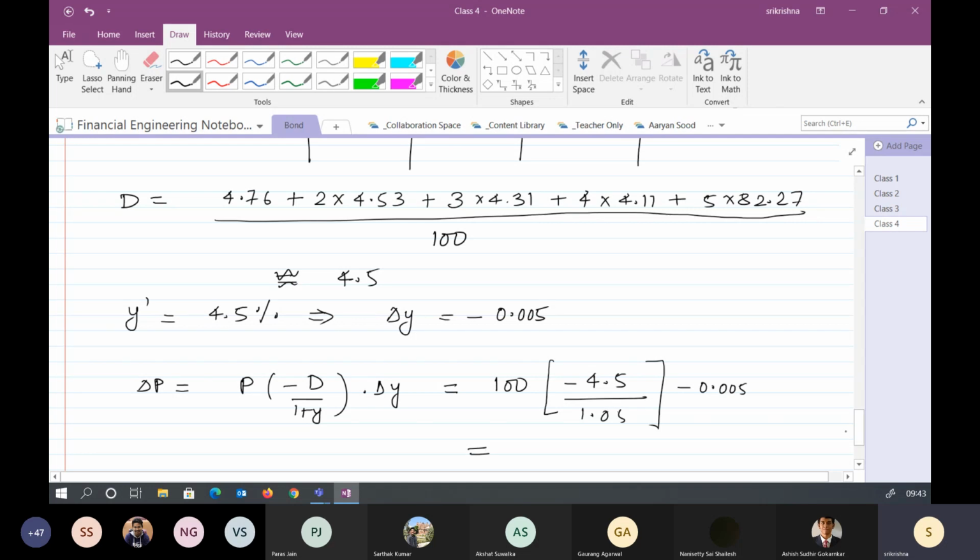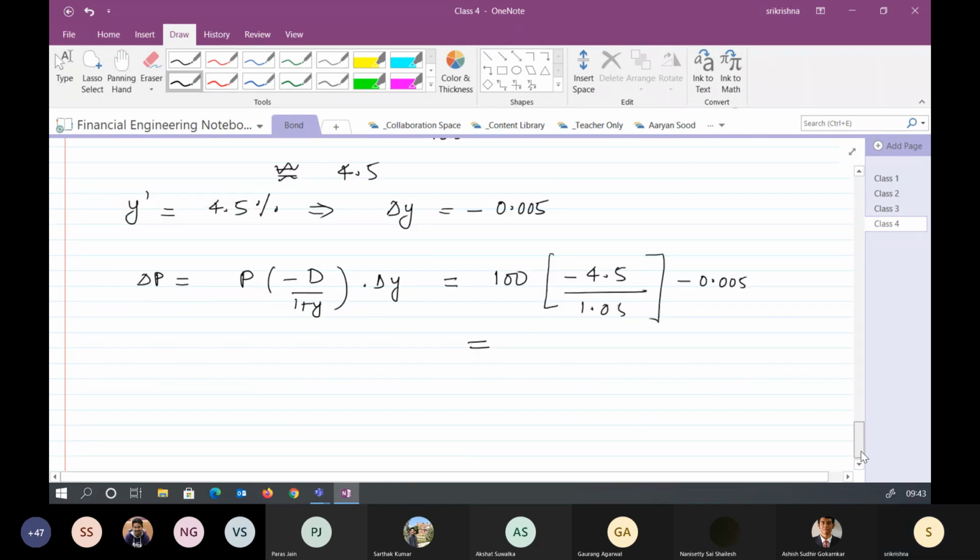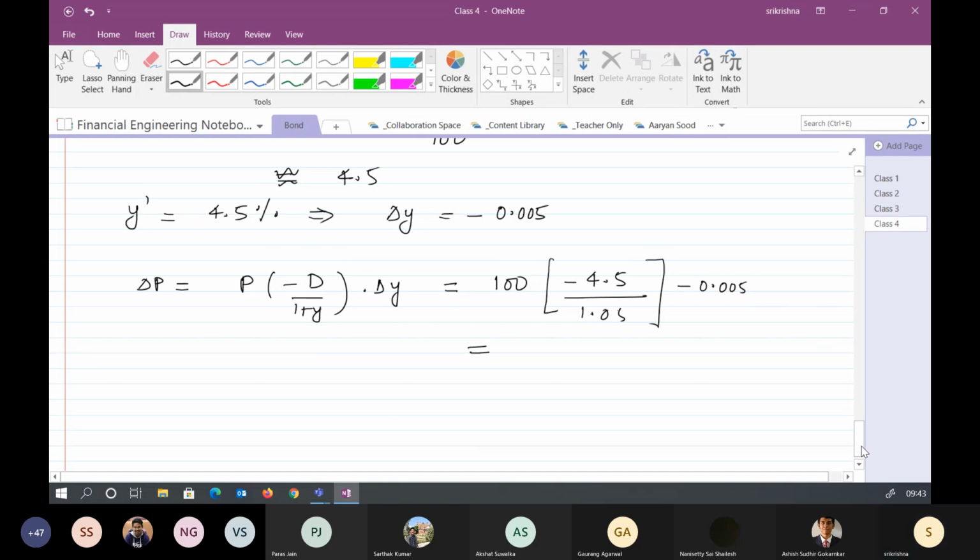What is the total value here? This is again multiplication. Sir, I guess 2.14. Let's say that going by you. So the new price would be 100 plus 2.14. That is 102.14. Correct.